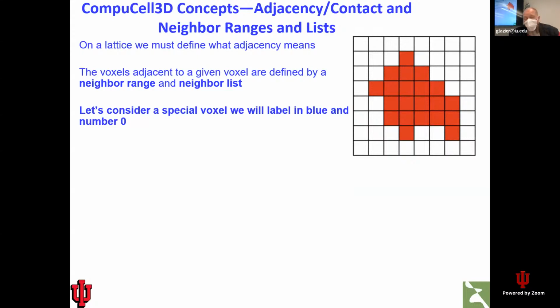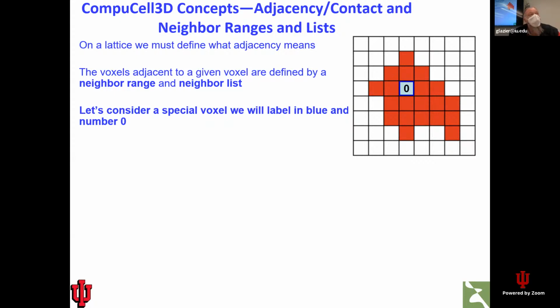And we also have to deal with the fact that we can change our adjacency rules. CompuCell internally has something called a neighbor list, which says that if I pick a voxel, who are my neighbors? And that neighbor list will depend on whether I'm 2D, 3D, square, hex, periodic boundary conditions, or fixed boundary conditions, and on the range of interaction that I've defined.